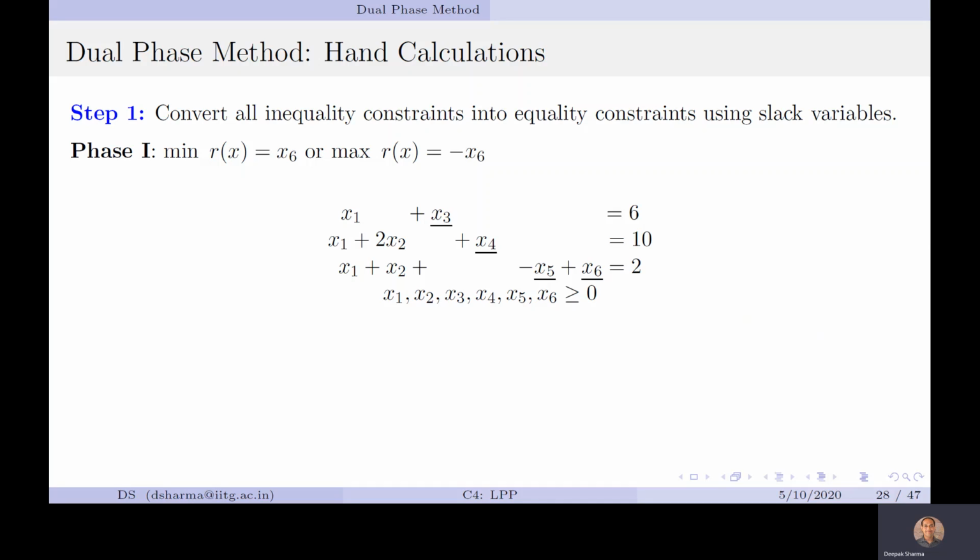What phase 1 says is that whatever artificial variables we have, we have to make them 0 or non-basic. In this particular set of 3 equations, we have just one. But if we have more, then we have to take all of them. How?